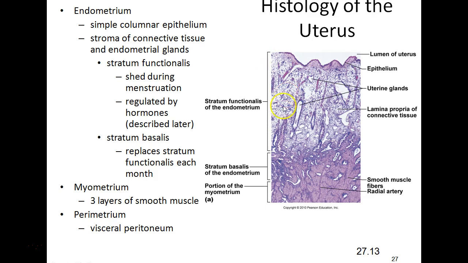And the upper, more deep portion, the stratum functionalis, is shed during menstruation. This process is going to be regulated by hormones. So in summary, this is the tissue that's going to nourish the developing fertilized egg, if the egg gets fertilized.